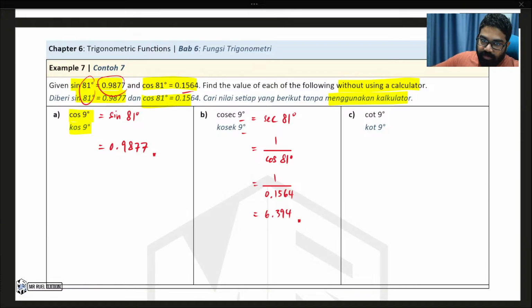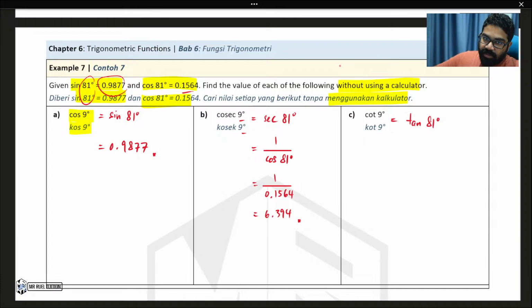Okay, cotangent 9 will be tangent complementary, isn't it? Cotangent adalah tangent pelengkap. So tangent 81 darjah. Tangent 81 degrees. Okay? But how? Kita tak ada tangent. We don't have tangent, isn't it? It's okay. We can use the basic trigonometric ratio identity. Tangent is what?